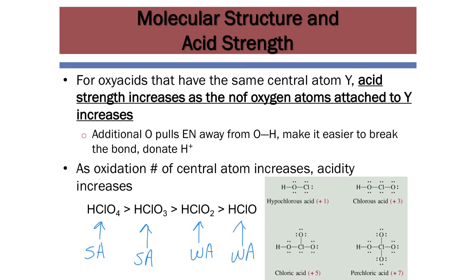So we can see that as we have more oxygen atoms, our acid becomes stronger because it will donate the hydrogen ions easier. Another example of that is HNO3, nitric acid, which made the list of 7 strong acids, but HNO2 did not. That would be nitrous acid. So we know that this one is stronger because it has the extra oxygen atoms.